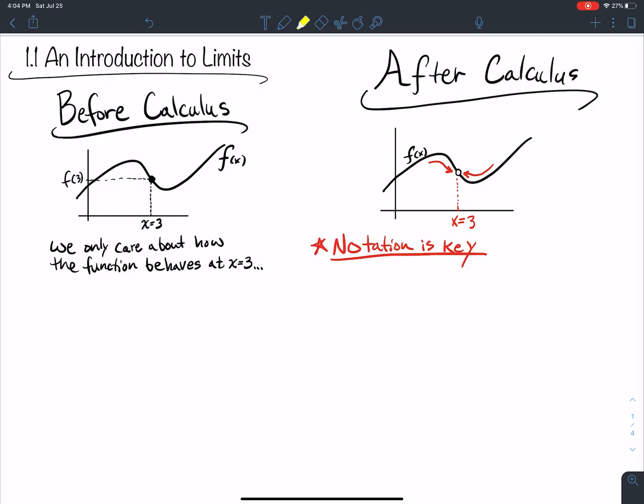Okay? So here, notation is key. It's probably the hardest part of calculus, getting used to all of the notation, okay? So it's very important that you understand the notation here. So what does this say, right? This says that the limit of f of x as x approaches, see that arrow, it's approaching 3, okay?